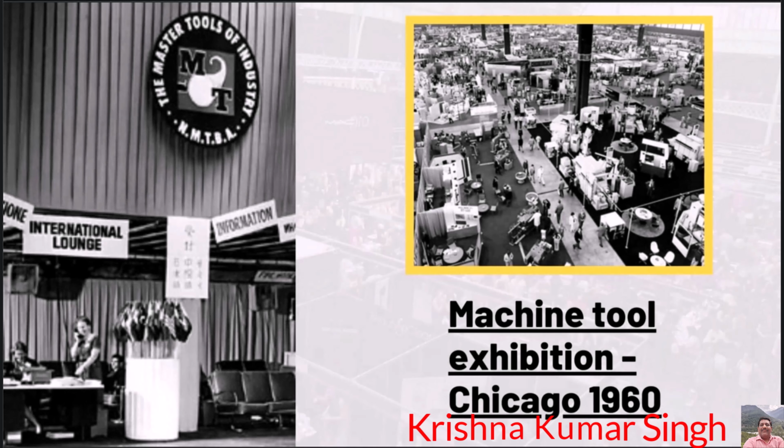It all changed during a machine tool exhibition in Chicago in 1960, where almost 100 plus numerically controlled machines, or NC machines, were displayed, which gathered attention of many industrialists of that time, and NC machines became part of our manufacturing sector.